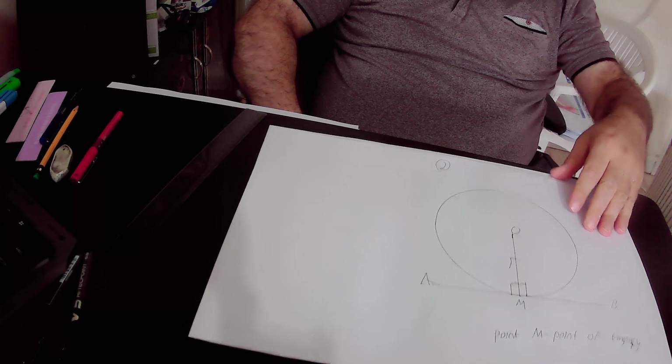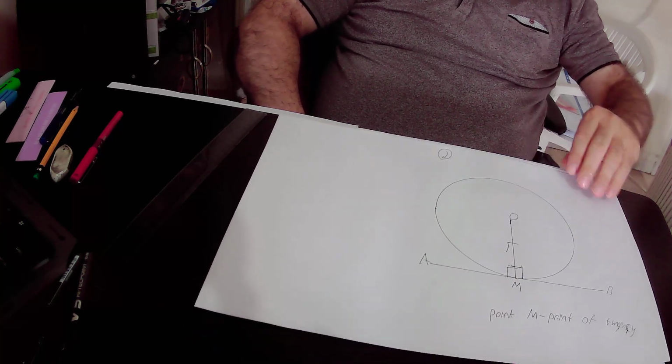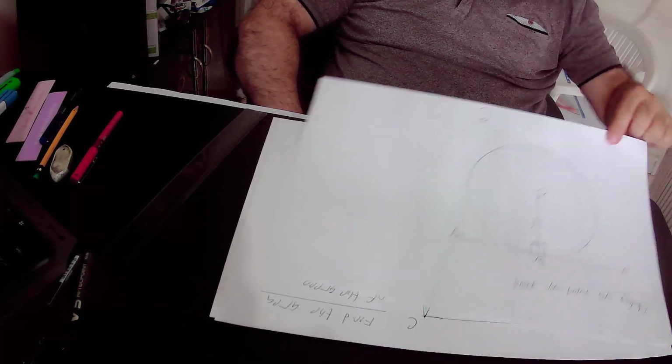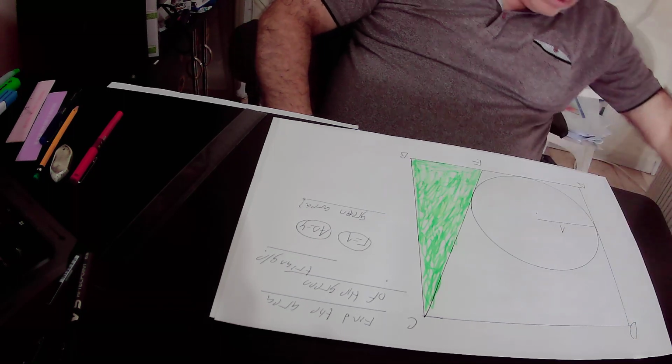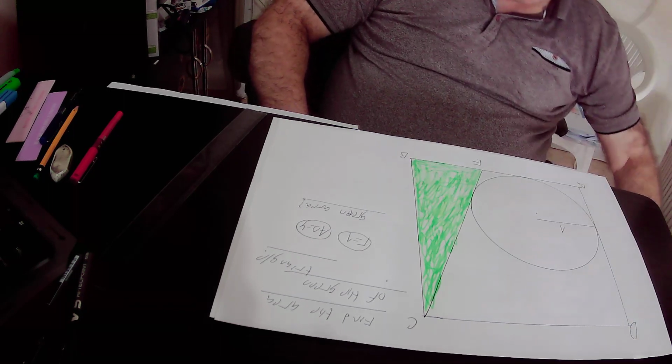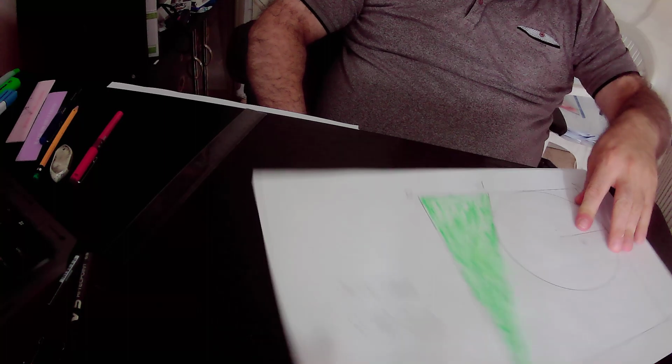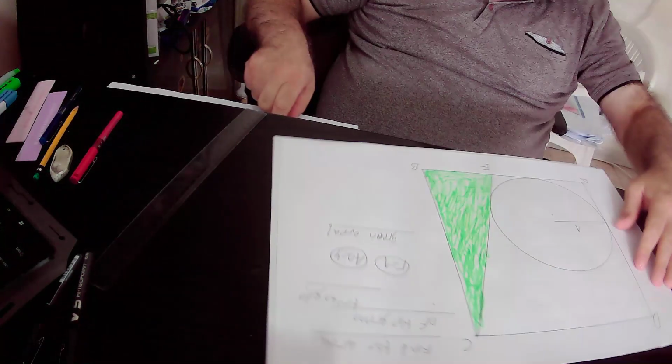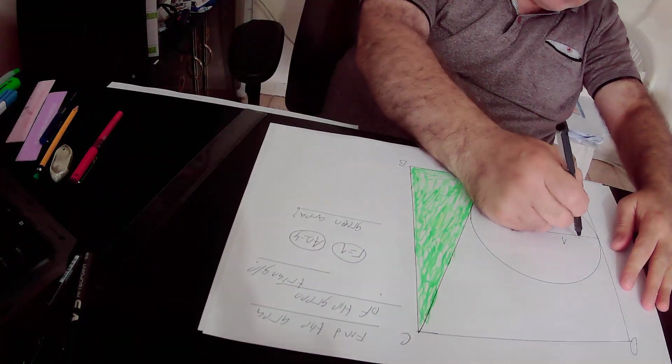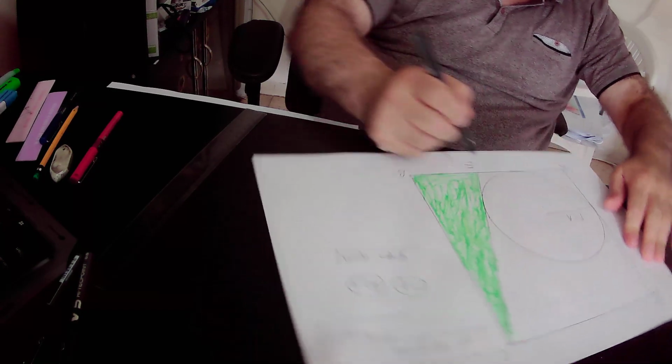Actually, we can apply rule number 1 in our drawing, because in our drawing we have this radius. This is the radius of the circle, it equals 1 unit.